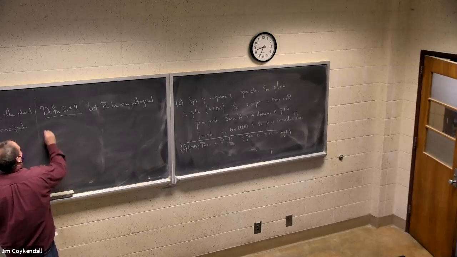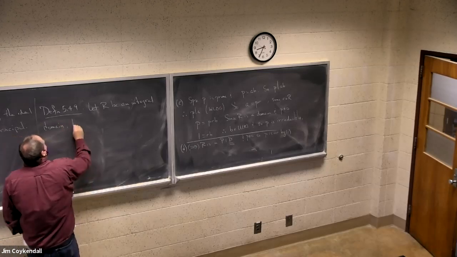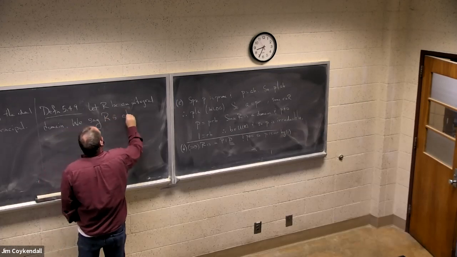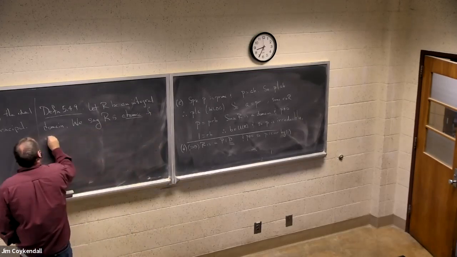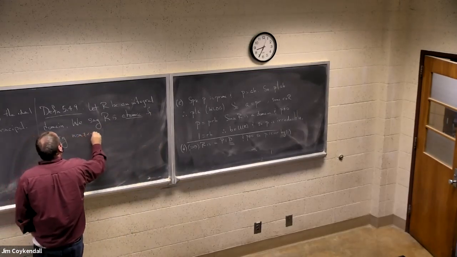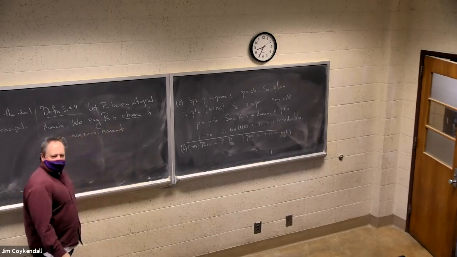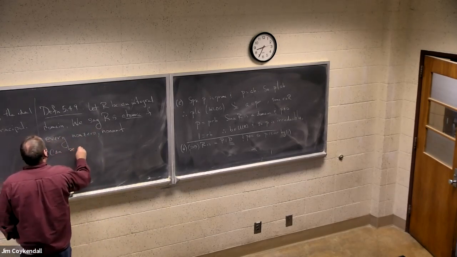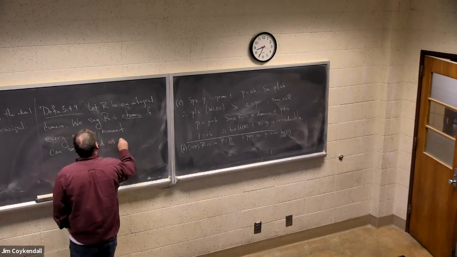But for now, let R be an integral domain. We say R is atomic if every non-zero, non-unit, so everything apart from zero and the units, can be expressed as a product.